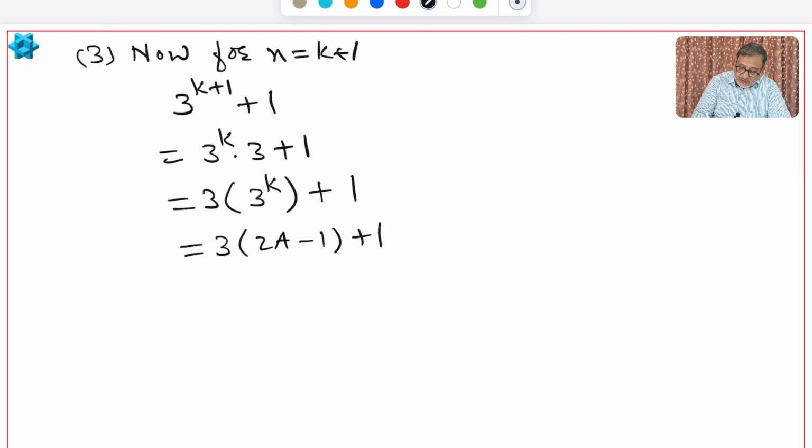So 3 into (2a minus 1). Therefore I am writing like this using the inductive hypothesis from step 2, right?